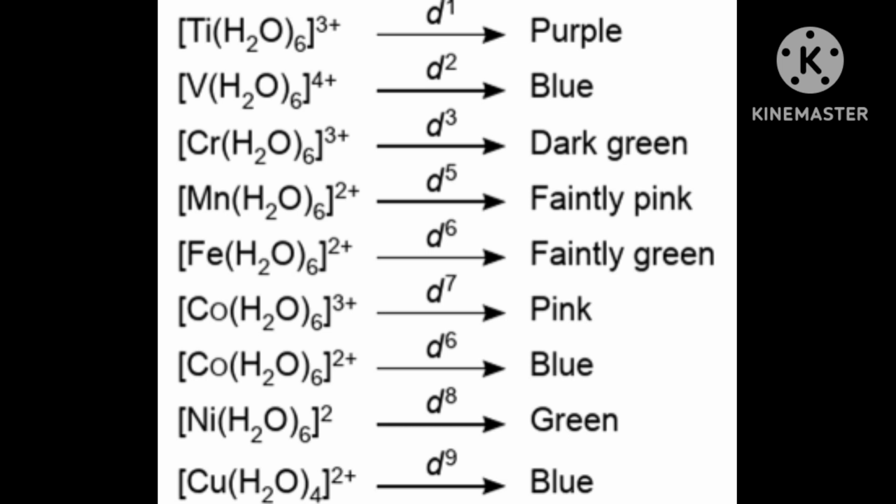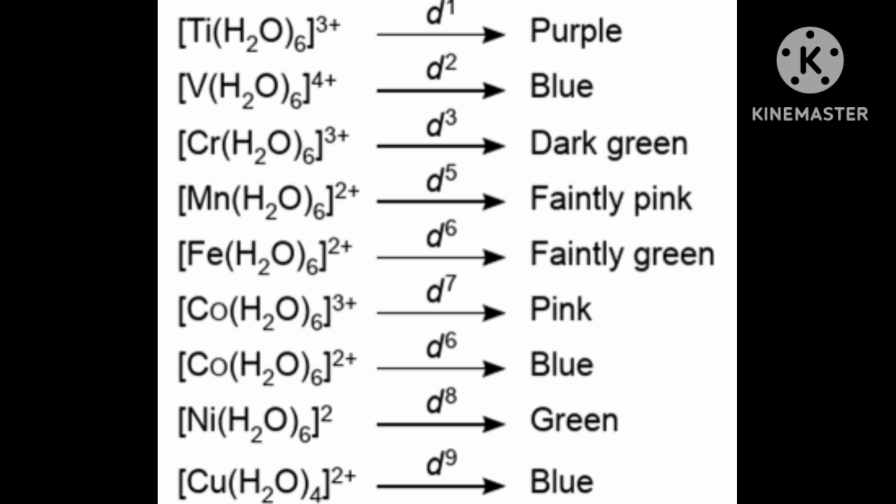This new complex will be violet. See how the color changed: as the H2O went outside and en took its place, the color began to change. In the beginning [Ni(H2O)6]2+ was green, and it became pale blue when 2 H2O went and 1 en came.